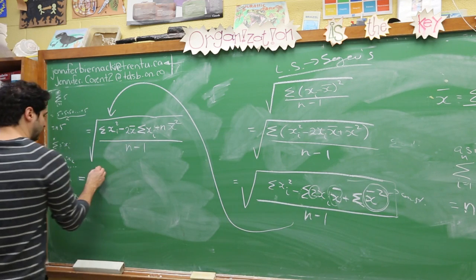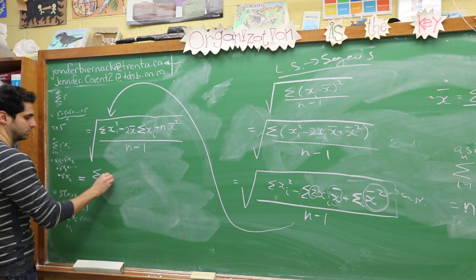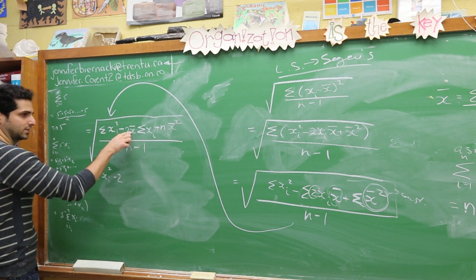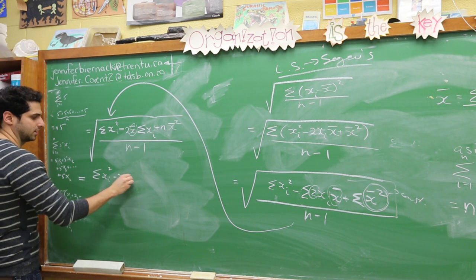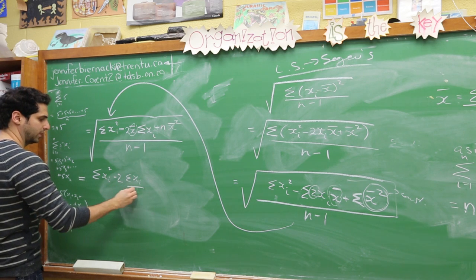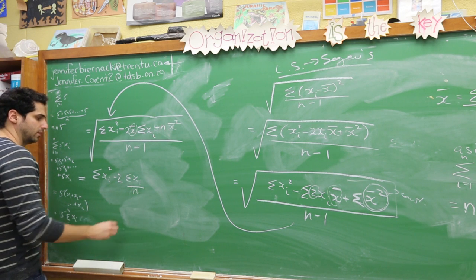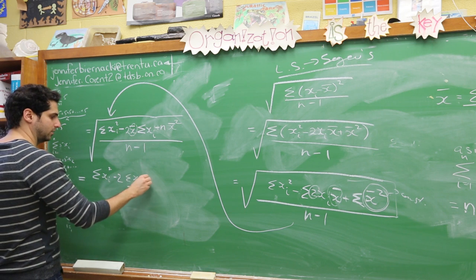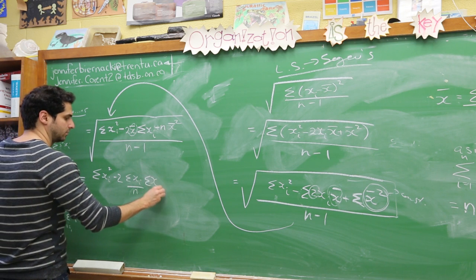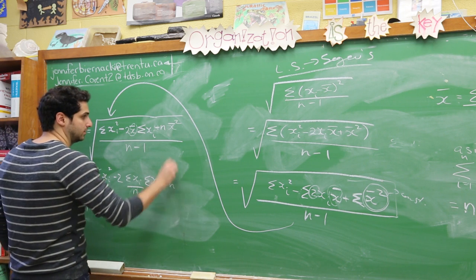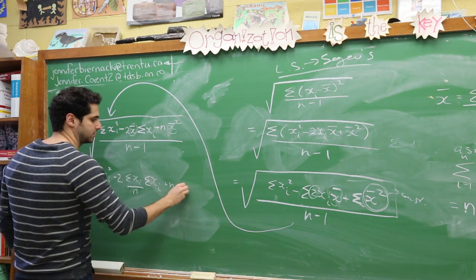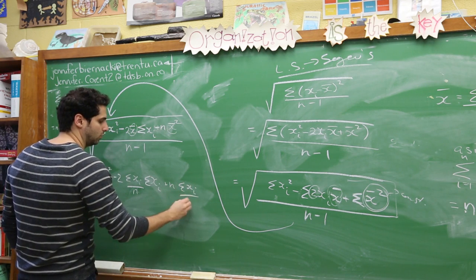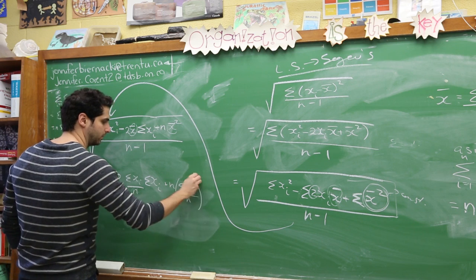So now it gets easy. What is x bar? X bar is the same thing as sum of x i over n, right? So sum of x. And then you have another one of these. And then this, again, x bar is sum of x i over n, but it's all squared.